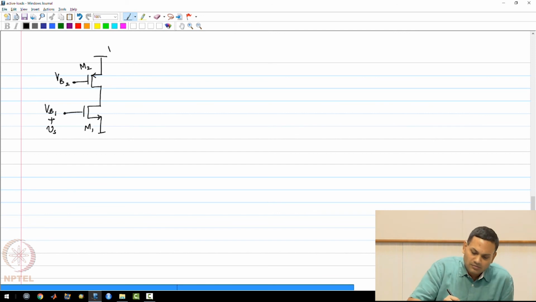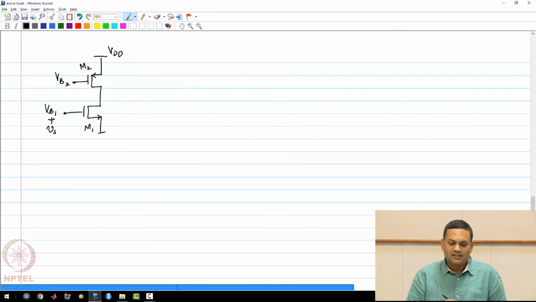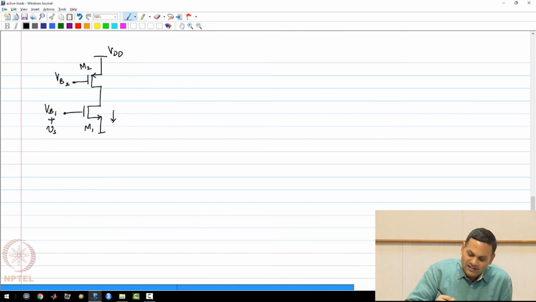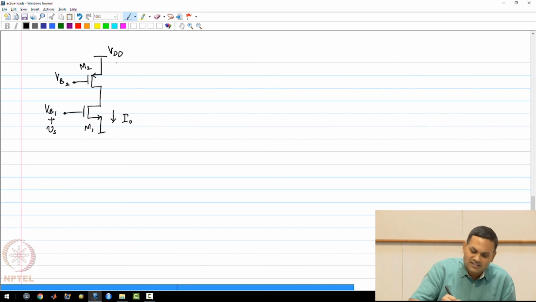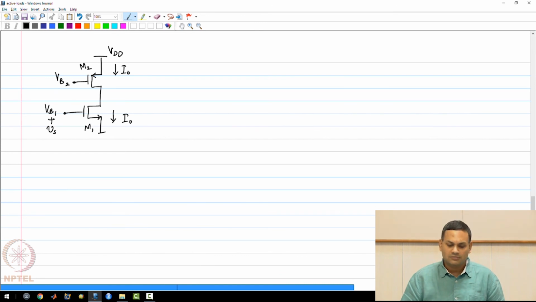Now you need to apply a voltage VB1 such that the NMOS transistor has a current I0, and you need to apply a VB2 such that the PMOS transistor also carries a current I0.